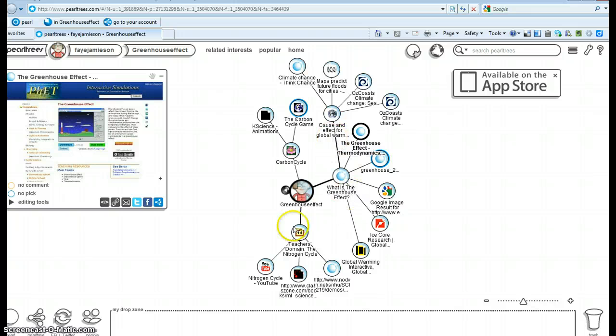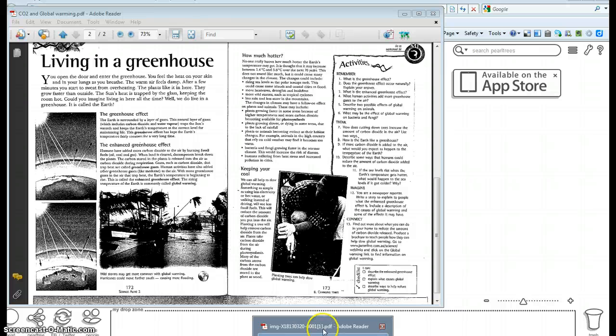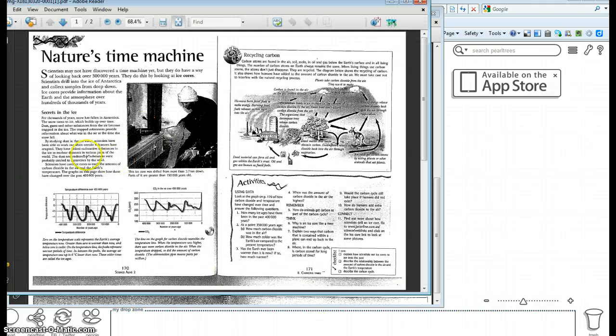So you're exploring all of this, and you're also getting a handout, and that handout has two sides to it. So this is the first one, and this is talking about how the ice cores in Antarctica and the Arctic allow us to have information about what's happened with the carbon cycle over time, in particular the carbon dioxide levels in our atmosphere.